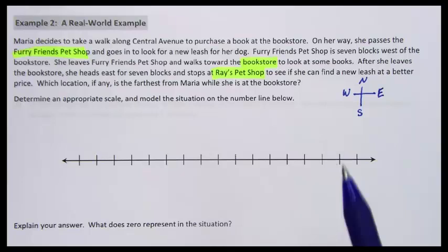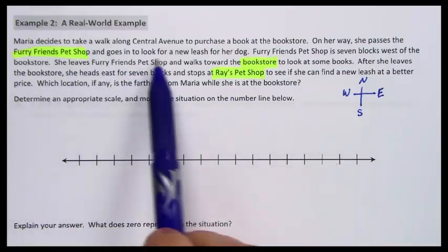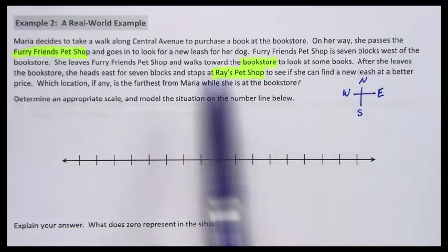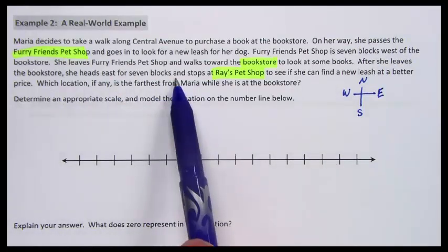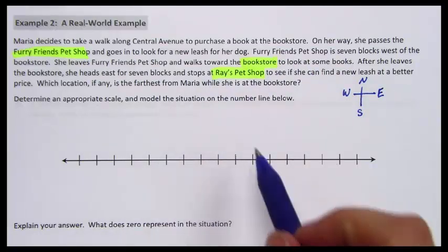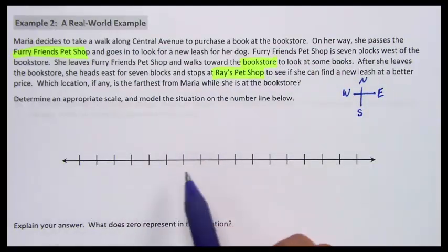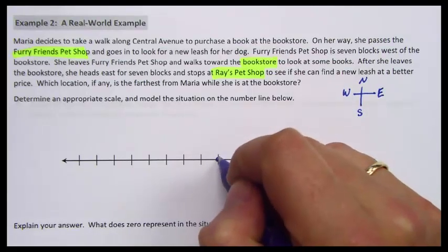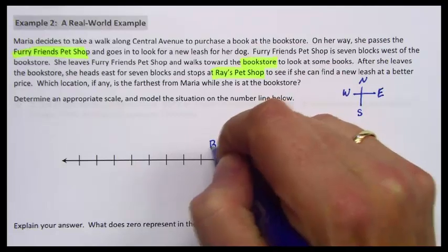I know that Furry Friends pet shop is 7 blocks west of the bookstore, and when she leaves the bookstore she goes east for 7 blocks. So I'm going to make the bookstore be in the middle because one thing is to the west of it and one thing is to the east of it. So I'm going to make this point be my bookstore.